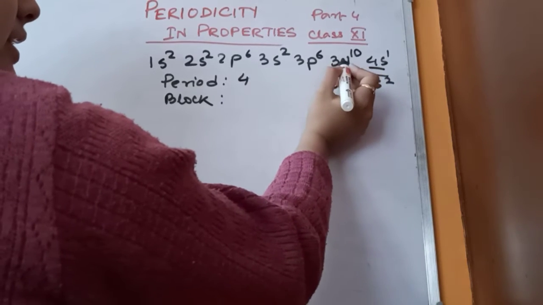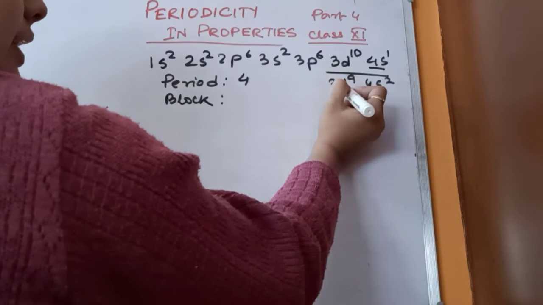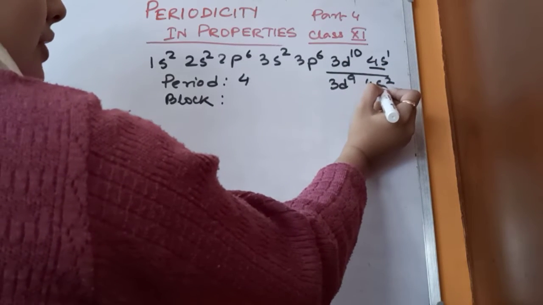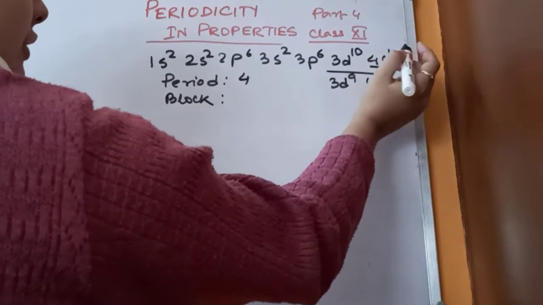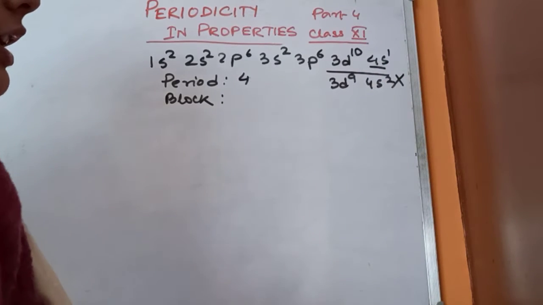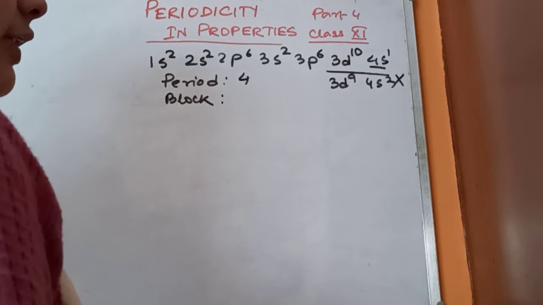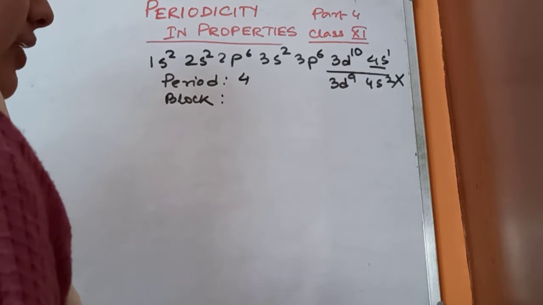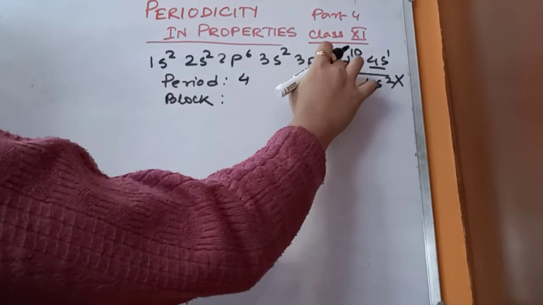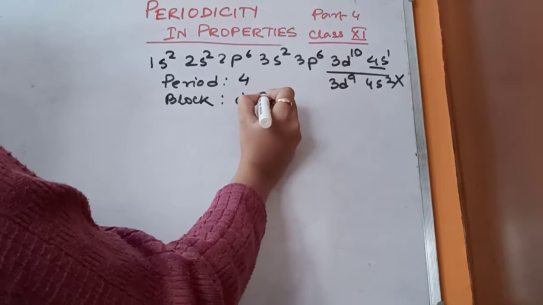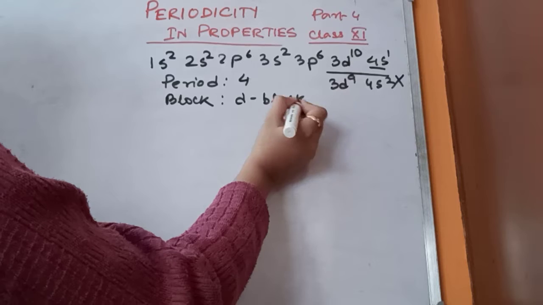Here the 3d orbital, instead of having 9 electrons, will have 10 electrons, and the 4s orbital, instead of having 2 electrons, will have 1 electron, in order to gain the stability of full-filled and half-filled configurations. So the last electron enters the d orbital, so it belongs to d block.